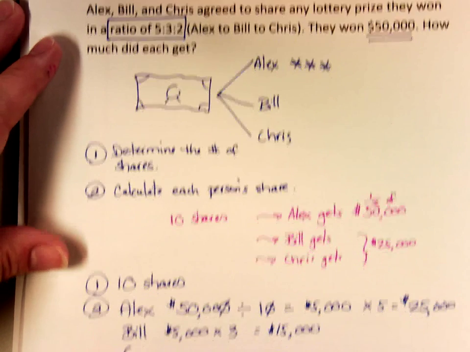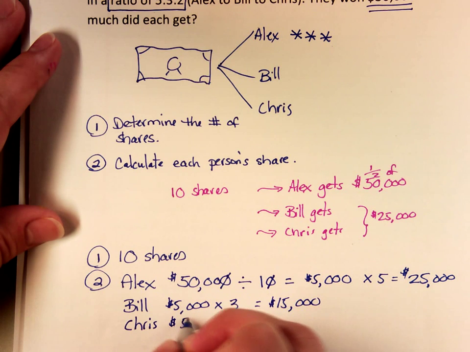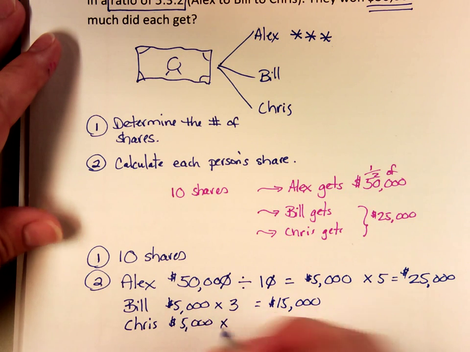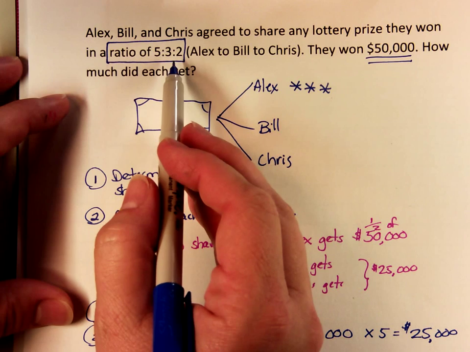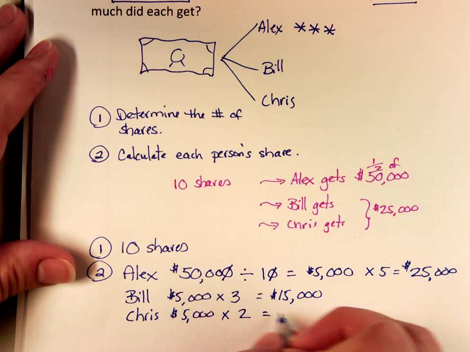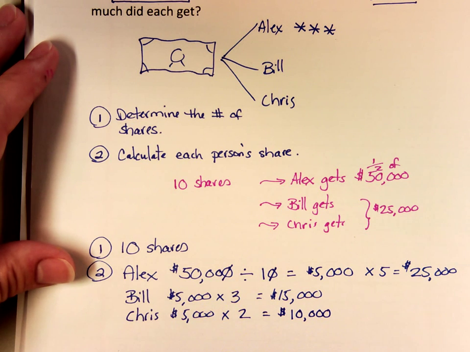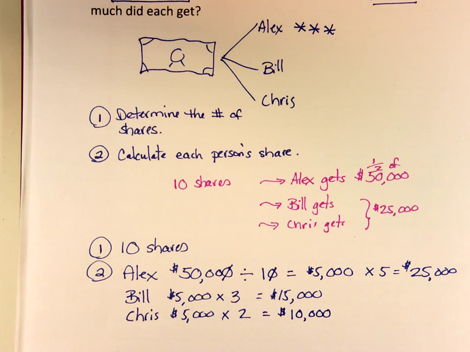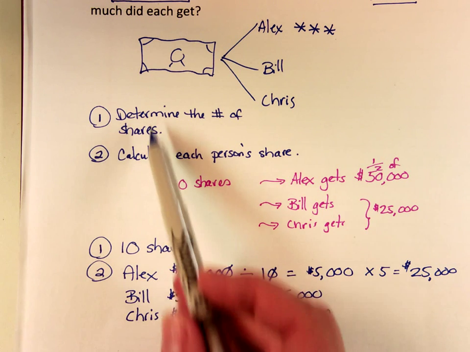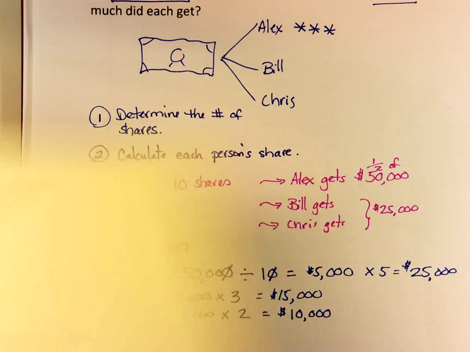And Chris, again, it stays at $5,000 a share, gets 2 shares. 5,000 times 2 is 10,000. And I've completed both of the items that I said I was going to for my plan. Let's go back to the checklist now.